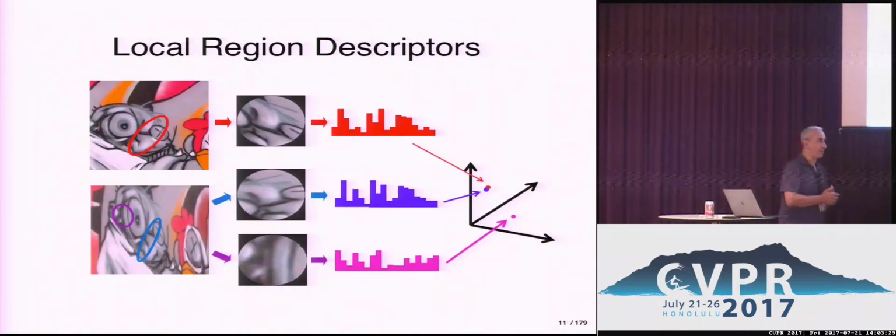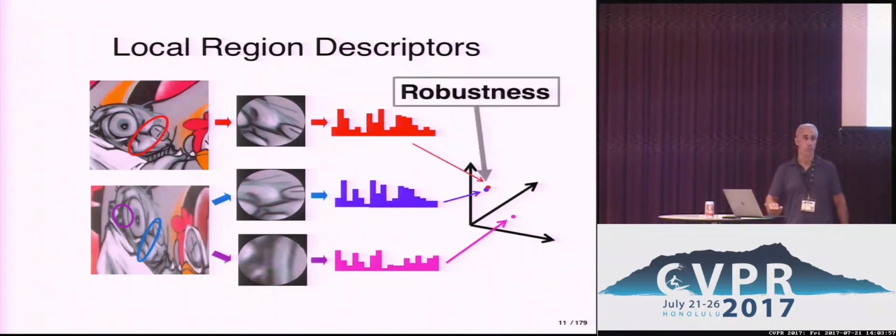And the basic principle of all these key points, and something we will talk about for the next 3 hours, is that you take an image region, you build a descriptor of a local patch. So the descriptor here is represented by the red, blue, and violet histogram. And what you want is that this histogram, or these feature vectors, are such that if you take the same point or the same region seen under very different perspective, the descriptor will be close.